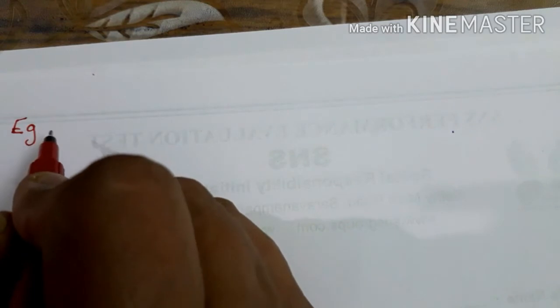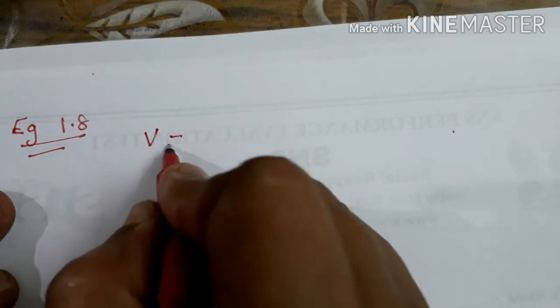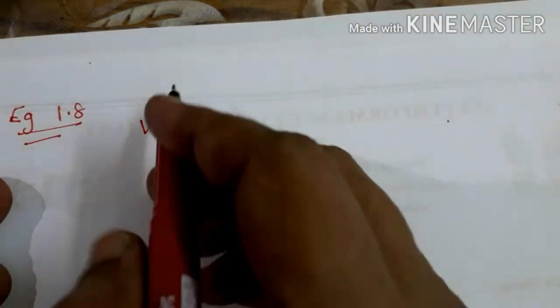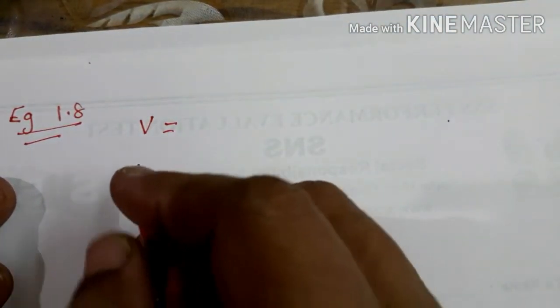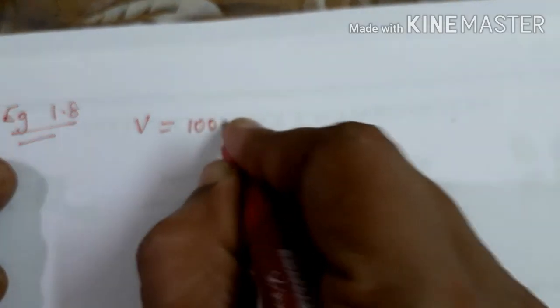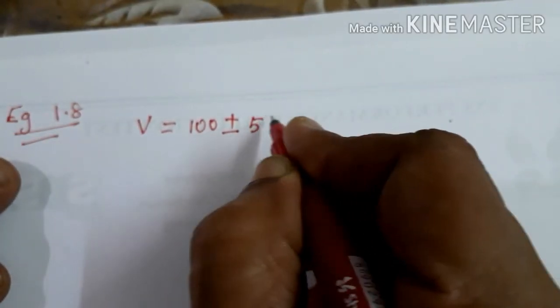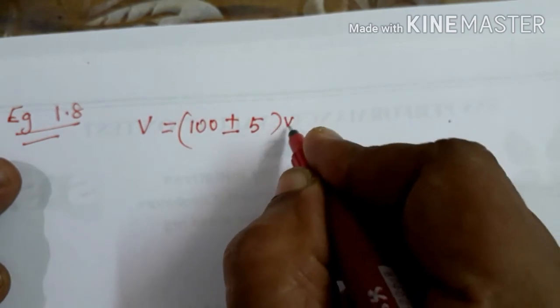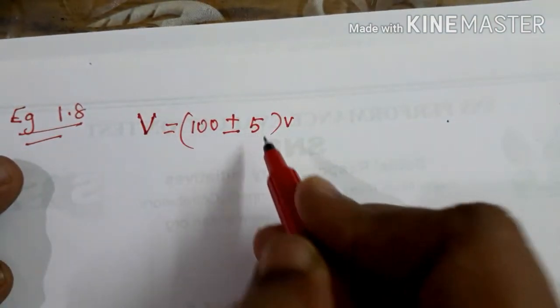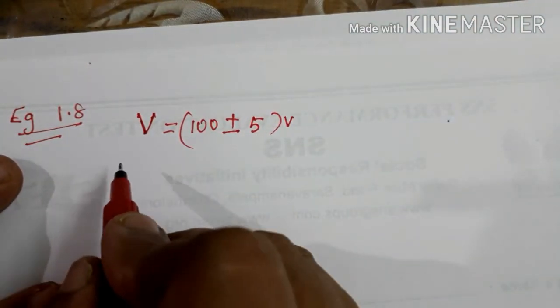Children, this is the example problem. Okay, this is example problem 1.8. What is given is the voltage. Here the letter V represents voltage. Voltage across a wire V is equal to 100 plus or minus 5 volt, with error. Next, current I is given.